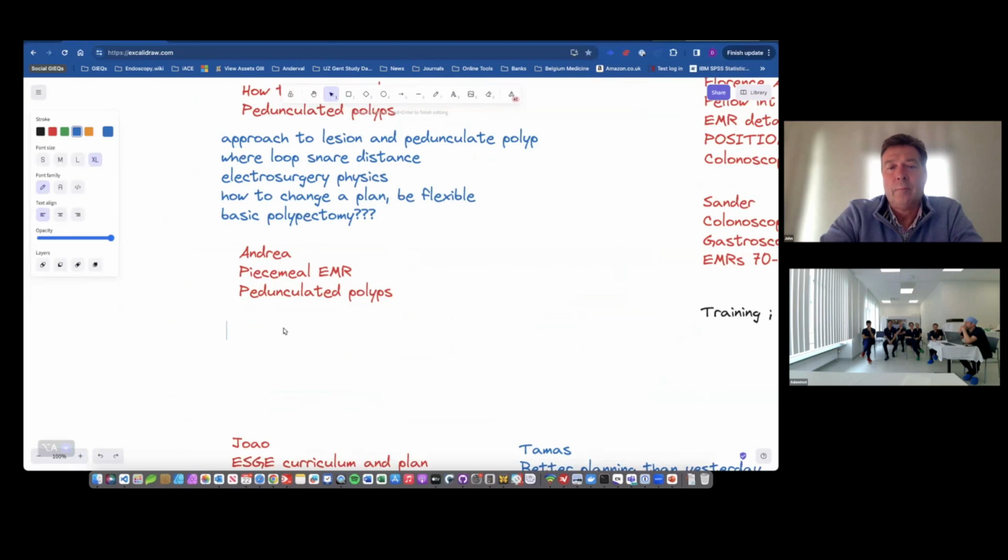To be honest, the Ghent piecemeal EMR approach is something different compared to what I've seen so far in my center. I tried to do it differently before, but here it changed further. For example, holding the closed snare directly and having the feeling of how it is, and also the tapping of the pedal.